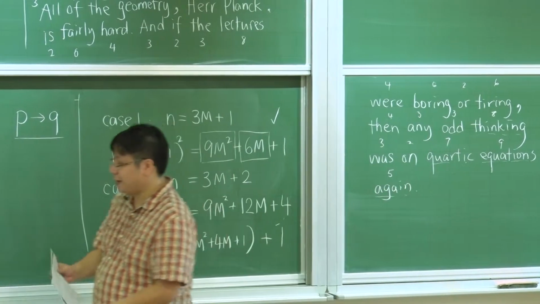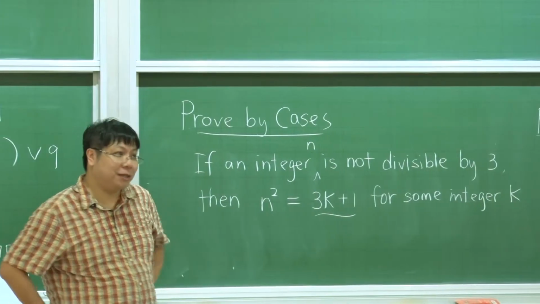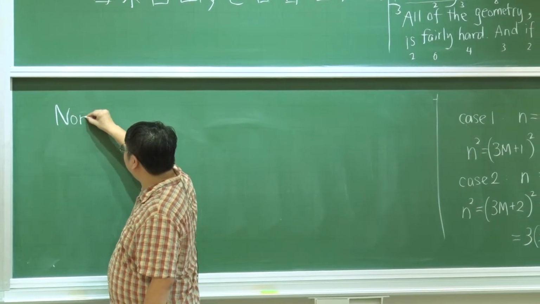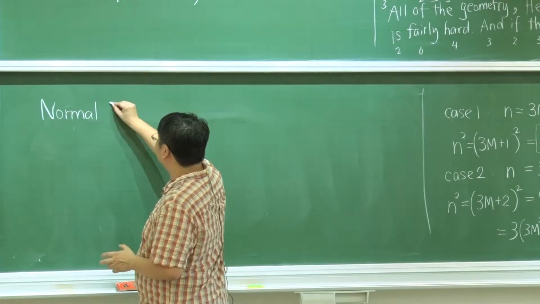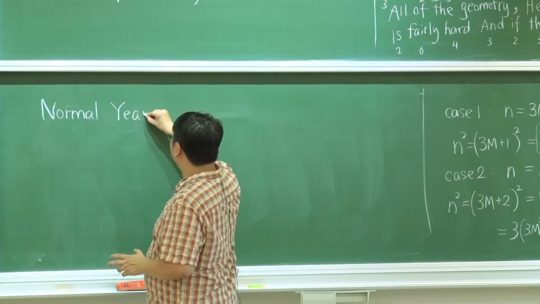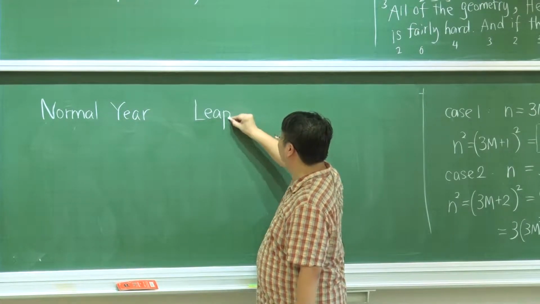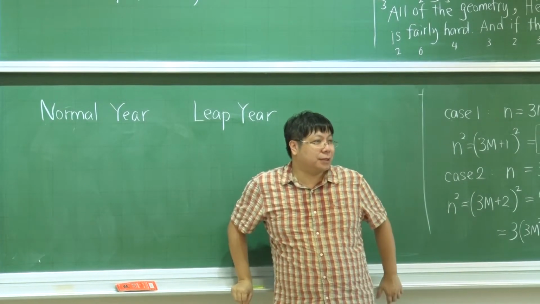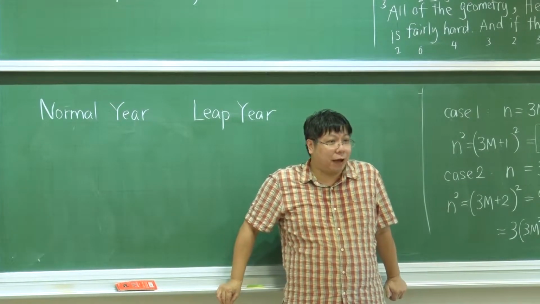Okay, now how about the Black Friday problem? Okay, so let's do this. A year could be a normal year or could be a leap year. So there are two cases, different kinds of years. A leap year has one more day, 366 days, and a normal year has 365 days.